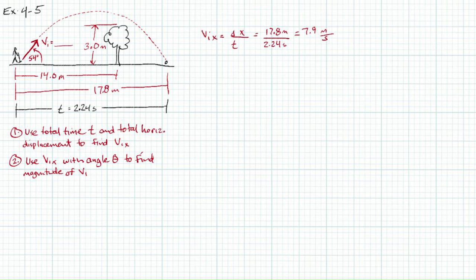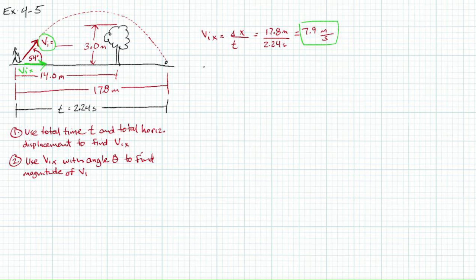So that, you might say, is, let me turn my green back on here, that right there: VI in the x direction. Okay, we're actually partway there. Well, we're almost all the way there. Why? Well, because if that is the component in the x direction, and we know what the angle is between the x direction and the actual initial velocity we're solving for, we can easily solve for that initial velocity. So what is that?